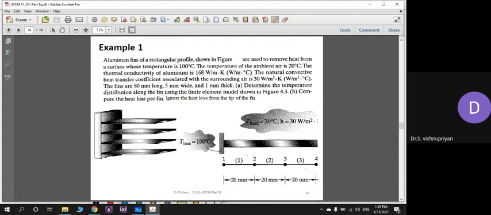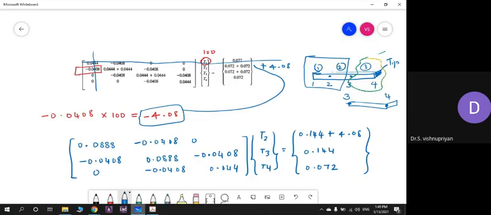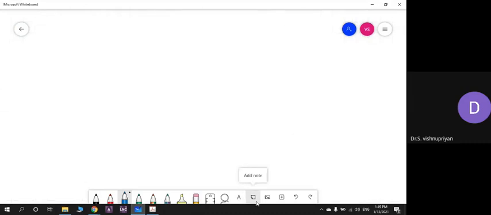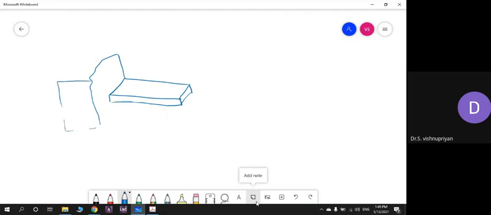Let me go to the whiteboard. So the one fin, which is of rectangular section, is like this. So this is the fin, and here is the surface which is at 100 degrees.